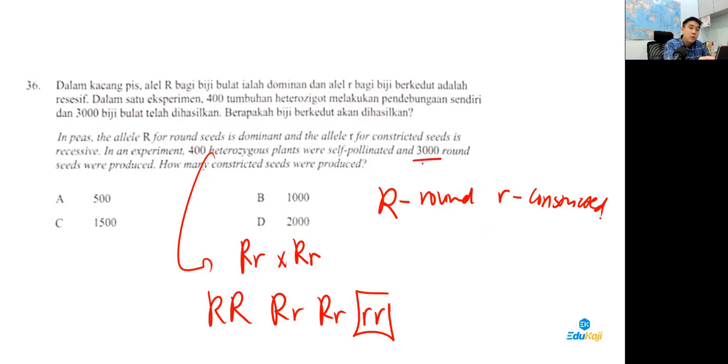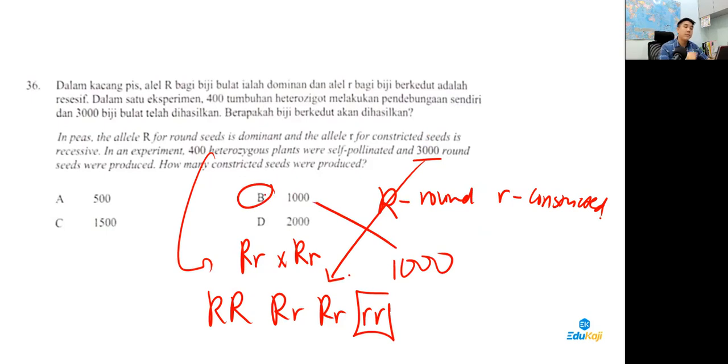If there are 3,000 round seeds, it means there's 1,000 constricted seed. Okay. I think, yeah, correct lah. Okay. Yeah, answer is boy. Correct, guys. Answer is boy.